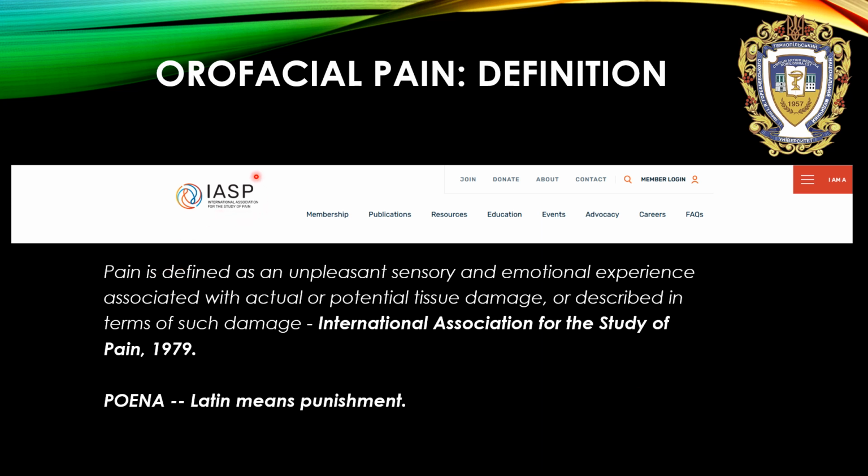Another international organization, the International Association for the Study of Pain, defines pain as an unpleasant sensory and emotional experience associated with actual or potential tissue damage, or described in terms of such damage. And the word pain is from the Latin word poena, meaning punishment.